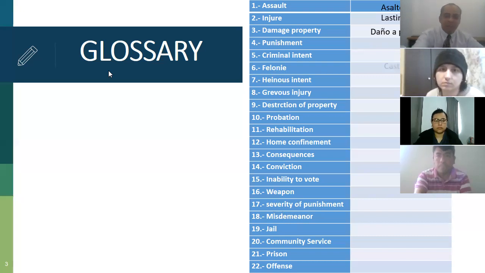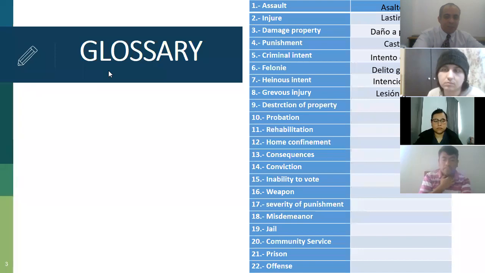Punishment, that is castigo. Or criminal intent, is intento criminal. Felony, this is an important term in this class. Felony means delito grave. Or heinous intent means intención atroz. Or grievous injury means lesión grave. Destruction of property, destrucción de propiedad.